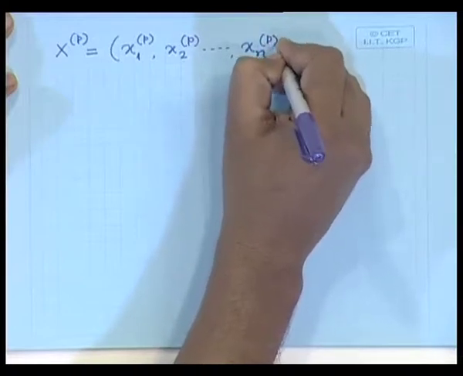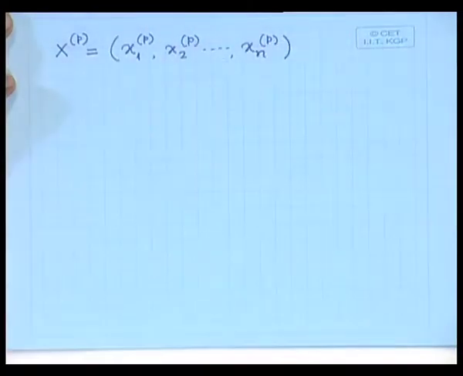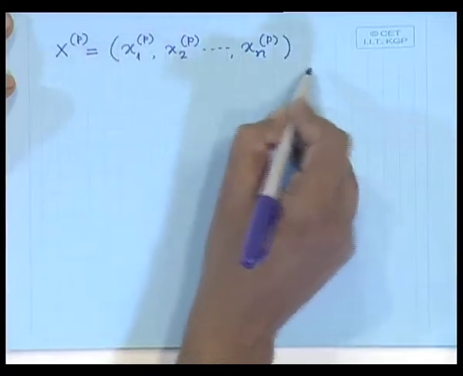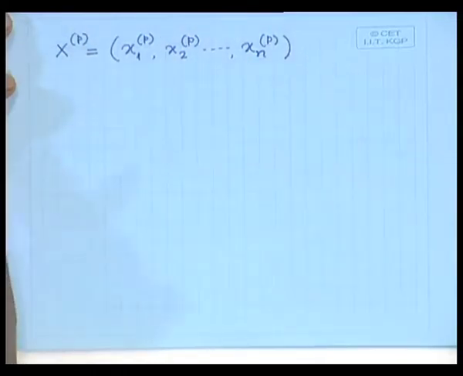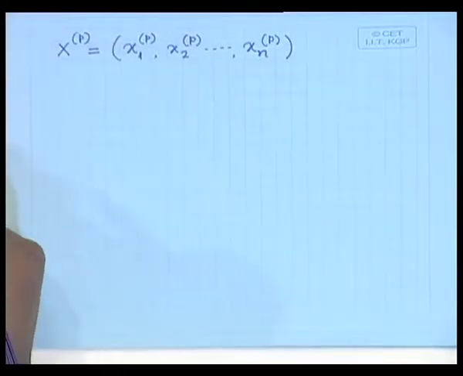Each of these components can assume either a value +1 or a value -1, because they are binary patterns, and our convention is that a bit 0 will be represented by -1.